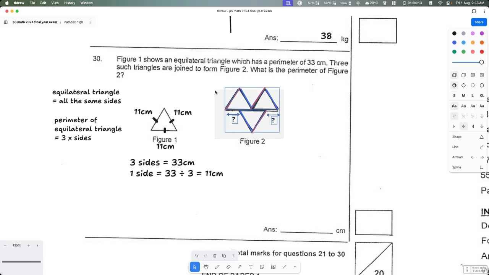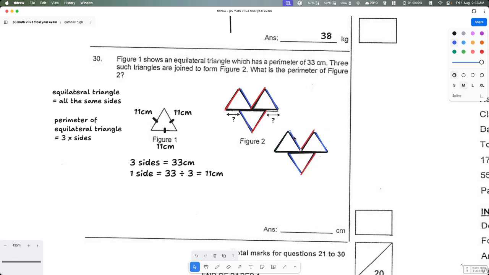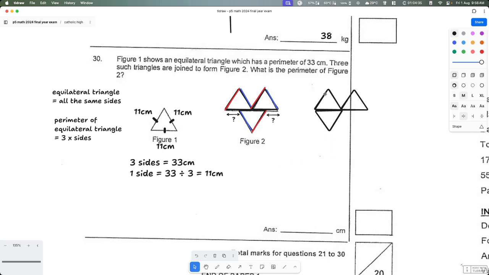This is the same as if you were to, let me remove all the lines first, if we were to move it like this. This is the exact same.